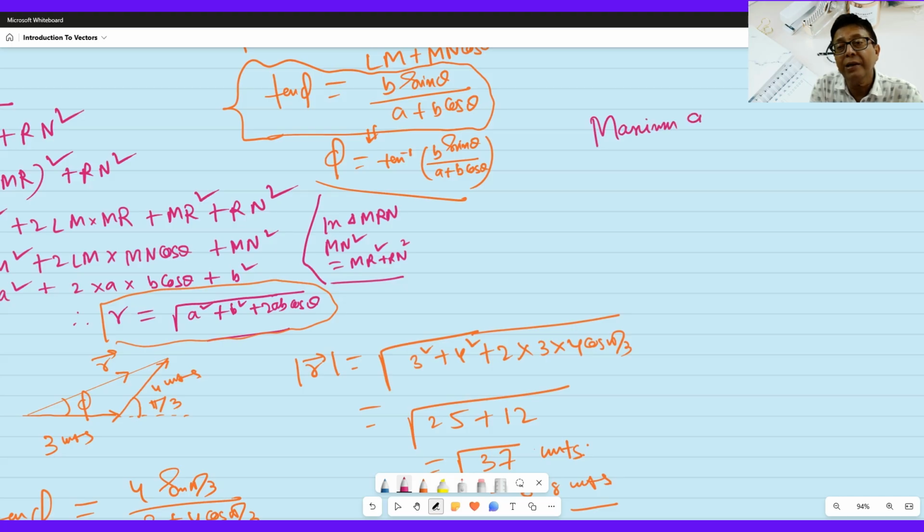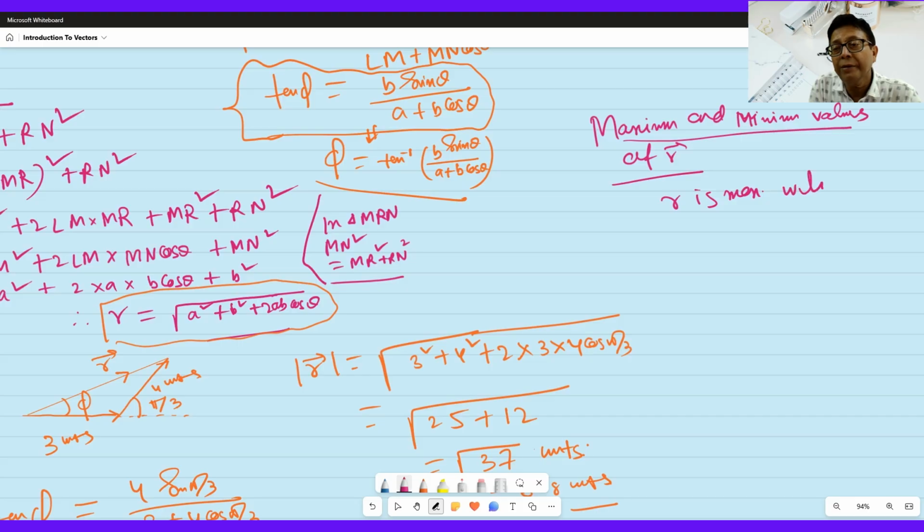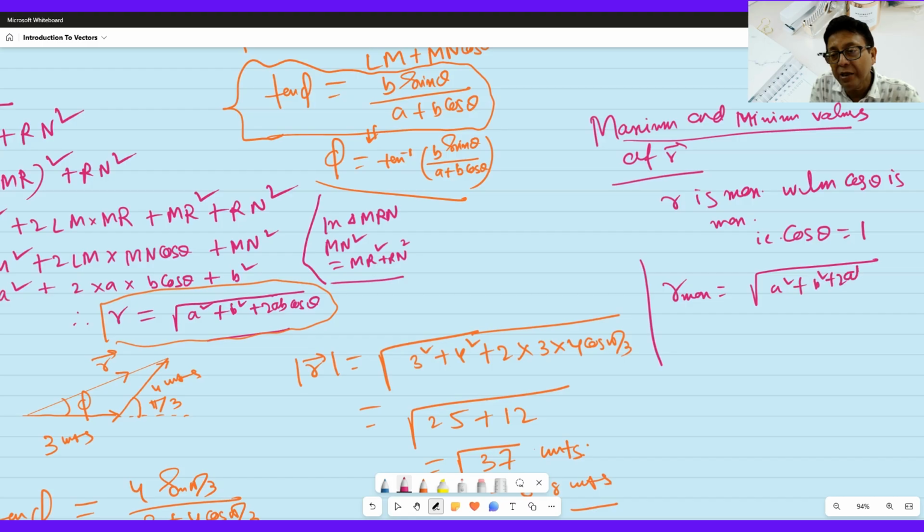Maximum and minimum values of R. This will help you to solve problems. R is maximum when cos theta is maximum, isn't it? That is cos theta 1. So R max going to be what? A square plus B square plus 2AB. This is A plus B.